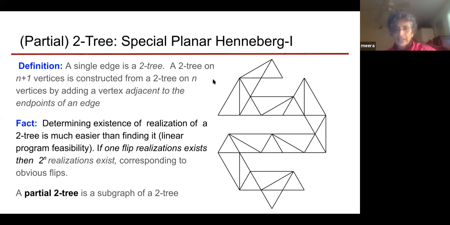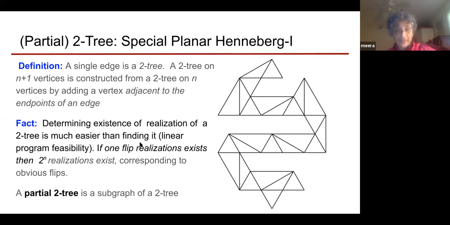So a 2 tree is obtained by starting with a triangle and pasting another triangle on top of it across an edge, and any other triangle any which way you want. It's clear that this is minimally rigid, and it has some very nice properties.